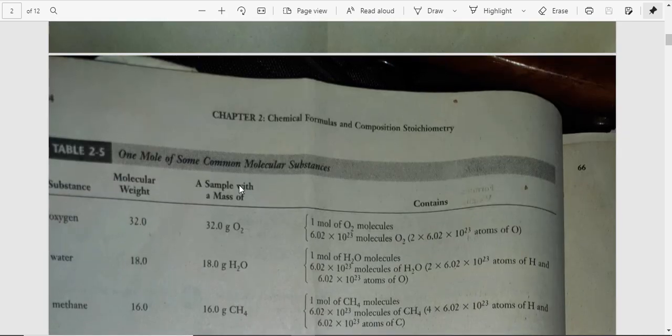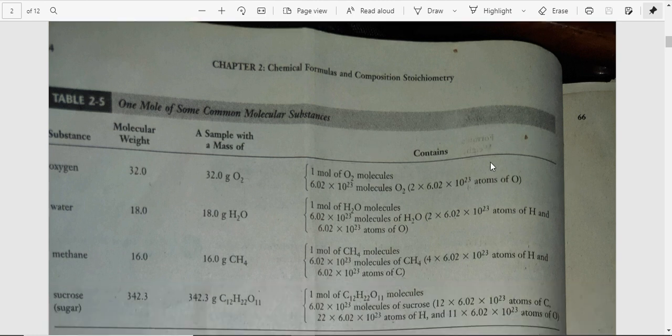A sample mass of your oxygen is 32 grams of oxygen. Therefore, you can get your conversion factor. In every 32 grams of O2, you have 1 mole of O2 molecules. Or in every 32 grams of O2, you have 6.02 times 10 raised to 23, your Avogadro's number, of O2 molecules, or 2 times 6.02 times 10 raised to 23 O atoms.